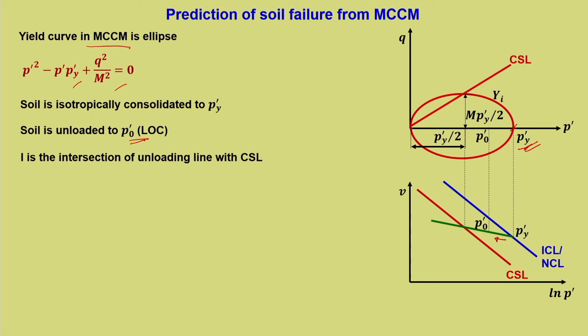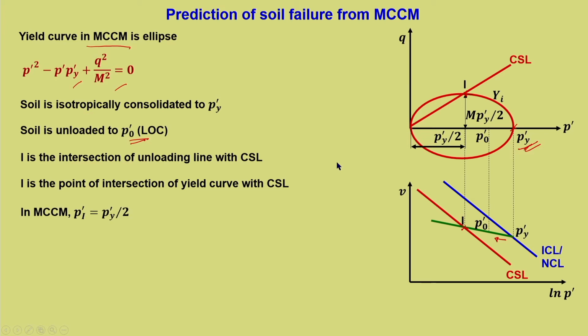Now, I is the intersection of the unloading line with the CSL, this is the point, and that corresponds to this particular point. I is the point of intersection of the yield curve with the CSL. All this information we have already discussed, and we also have the condition.